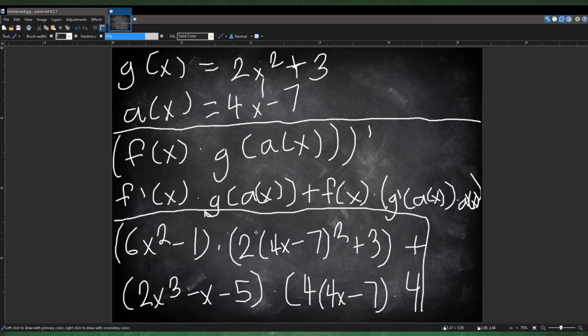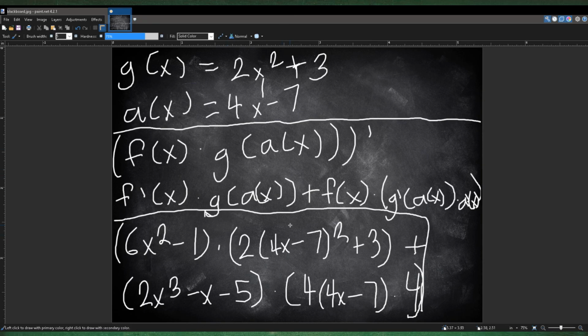Plus, those things multiplied, plus the (2x cubed minus x minus 5) in parentheses, multiplied by the parentheses, 4 times (4x minus 7) times another 4. So we have to put another parentheses in here that I forgot. So you multiply these together, and you add them together, and that's your derivative.